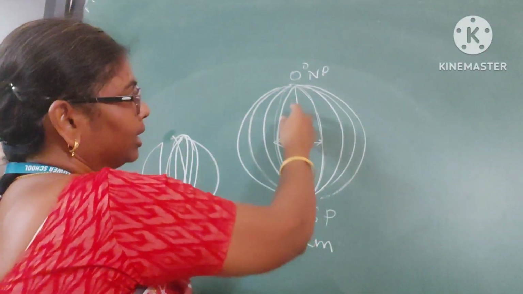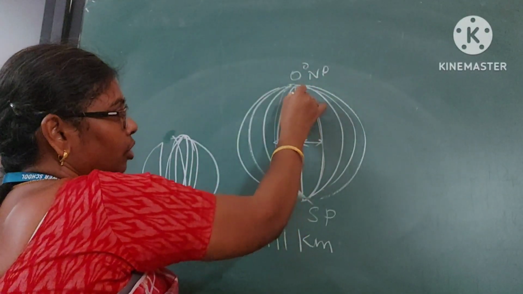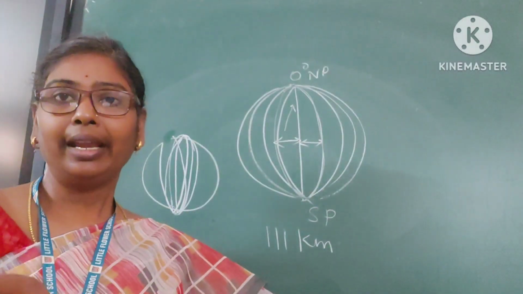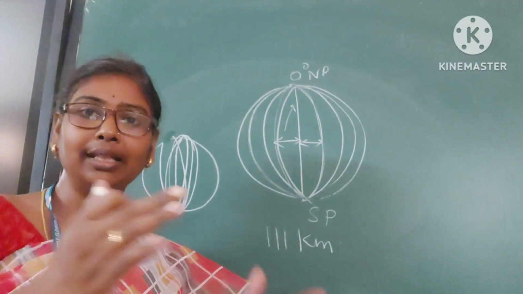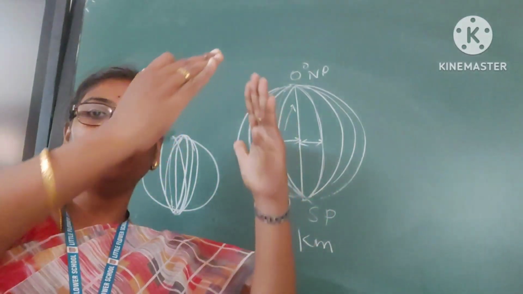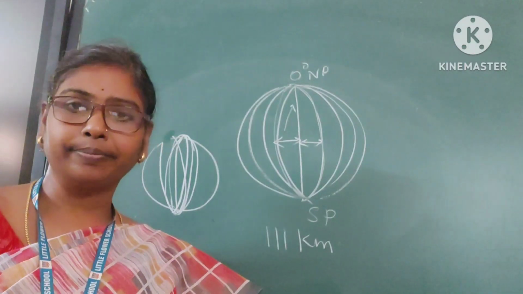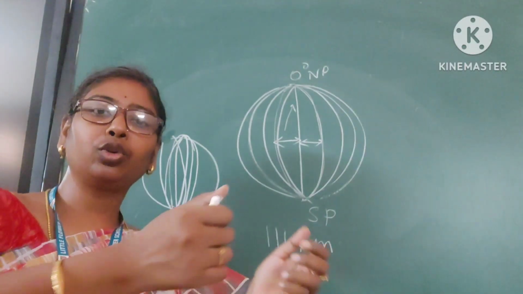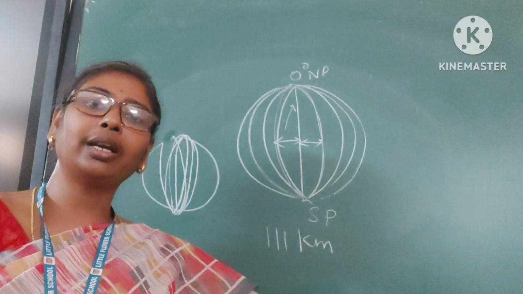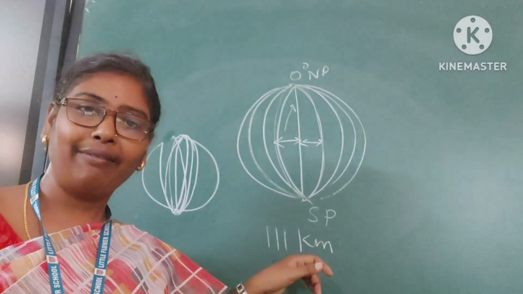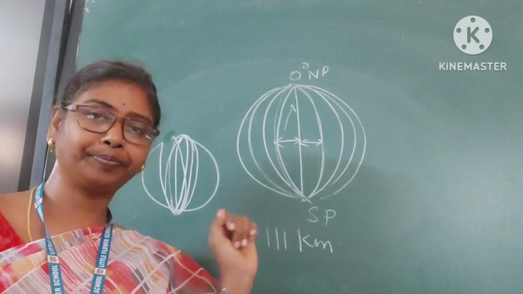As you are going towards the poles, it decreases. The distance between the longitudes keeps on decreasing as you are going towards the poles. As we are near the equator, it keeps on increasing up to 111 kilometers. Right?